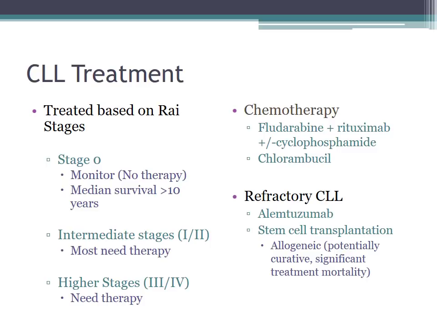Allogeneic stem cell transplants are potentially curative and are recommended, because if you do an autologous stem cell transplant, you run the risk of still having contaminants in the patient's own stem cells that are harvested. But again, remember that there is a lot of mortality related to this, especially as patients get older.